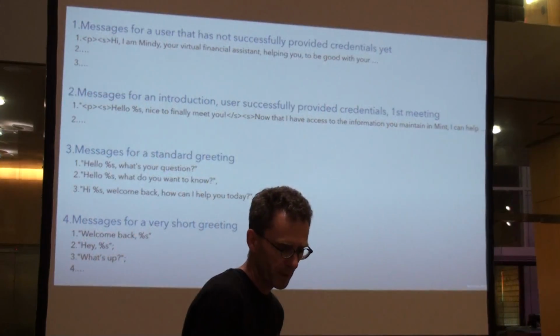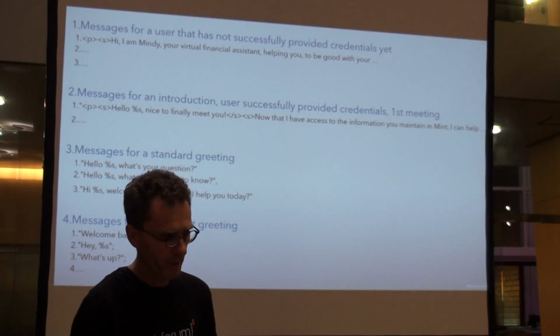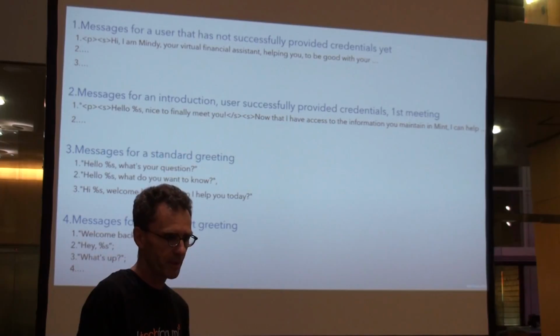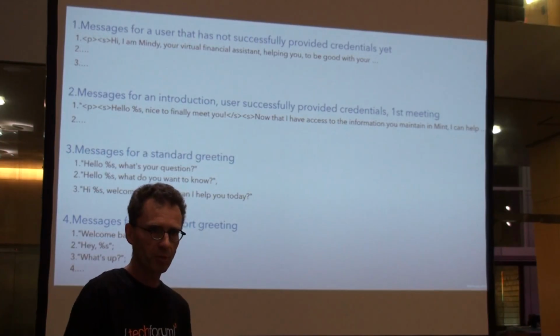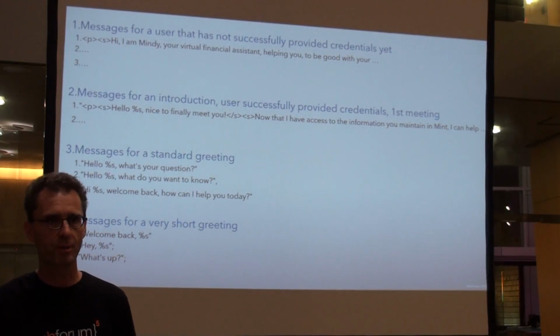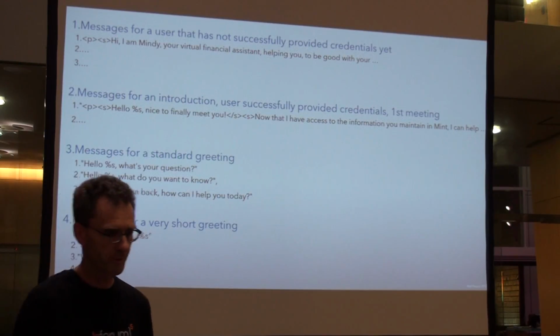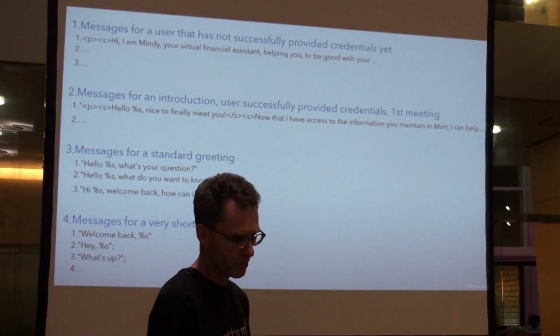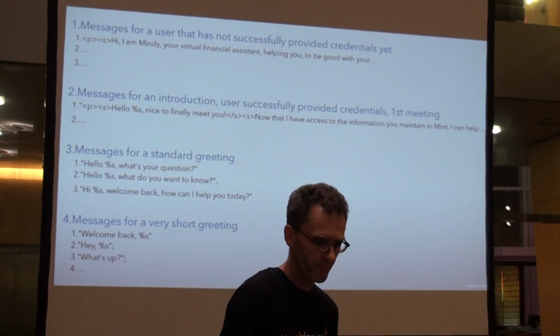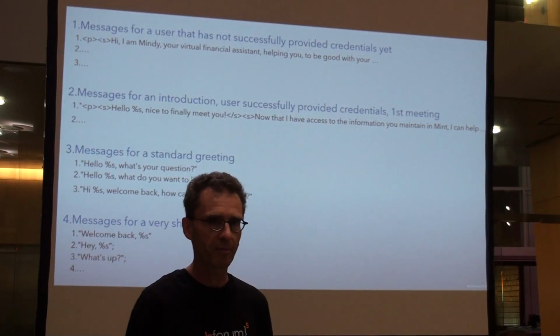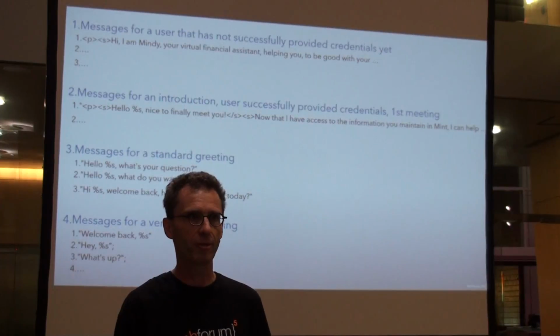Randomness. What we did here is we built not just one response. For every situation, we built a string array of responses. So for the same thing, if it's a greeting or a short message, we have a couple of versions of it. They're all a little bit different.